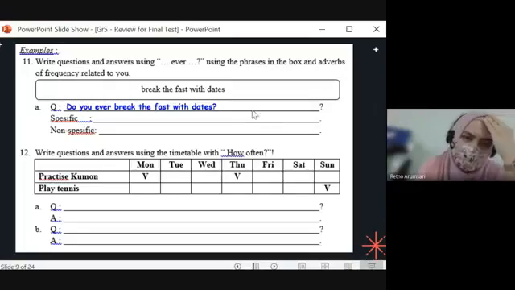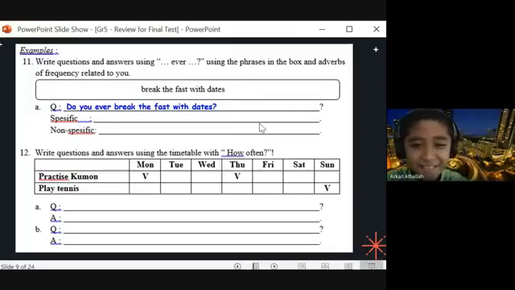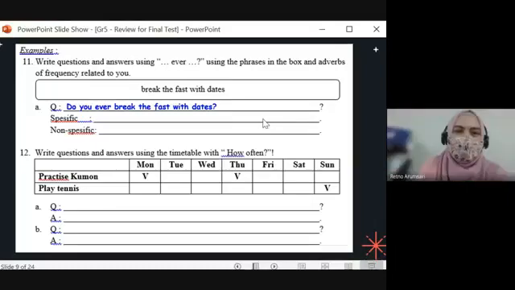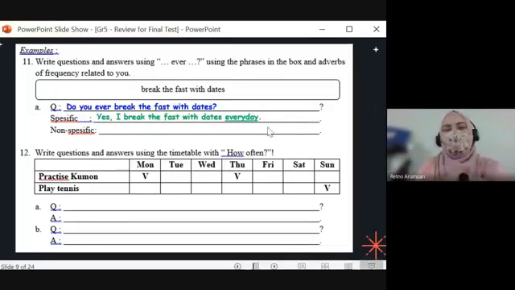Arkan, what's your answer? No, I never. But it's up to you actually. If you answer it with never, then you don't have any specific answer. What about the full sentence, Arkan?